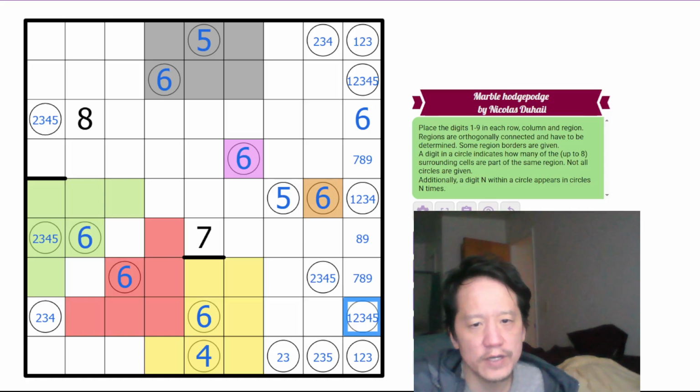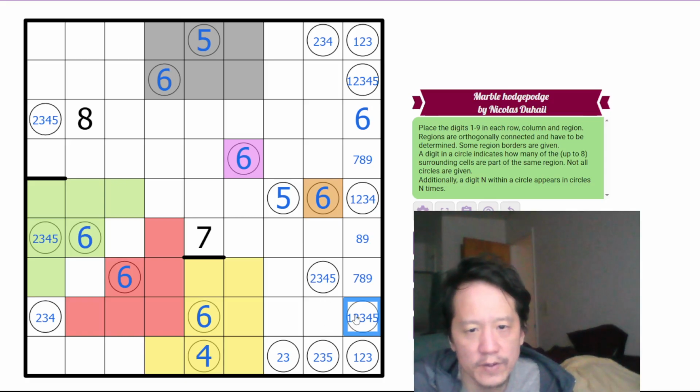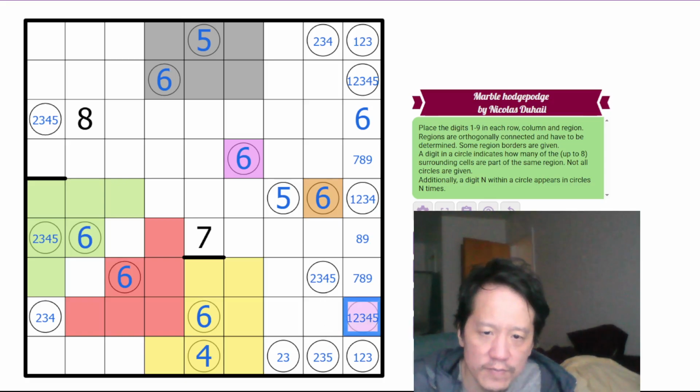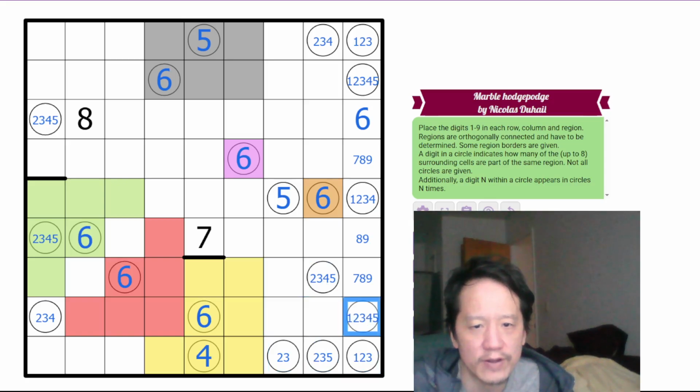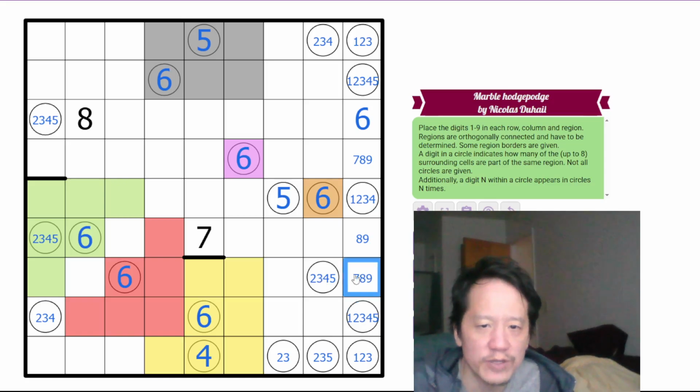How do we know that? Well, if this is 5 and this were 5, right? Well, they would be in the same region, so that's not allowed. Actually, there we go. This could never be 5 because it would have to be in the same region as these 2, and one of these is a 5. So therefore, this has to be 5.